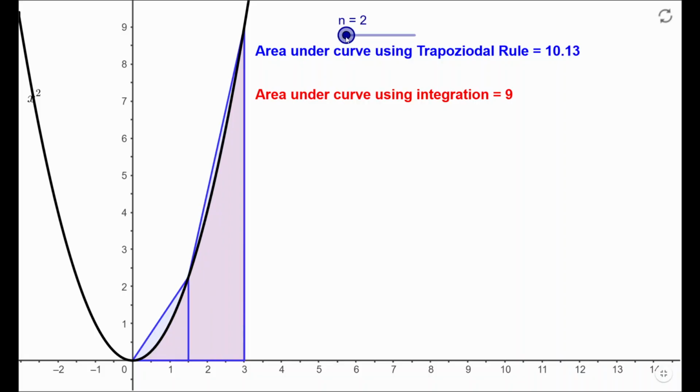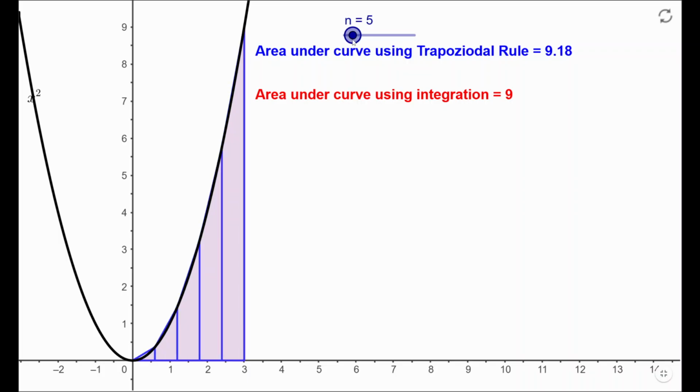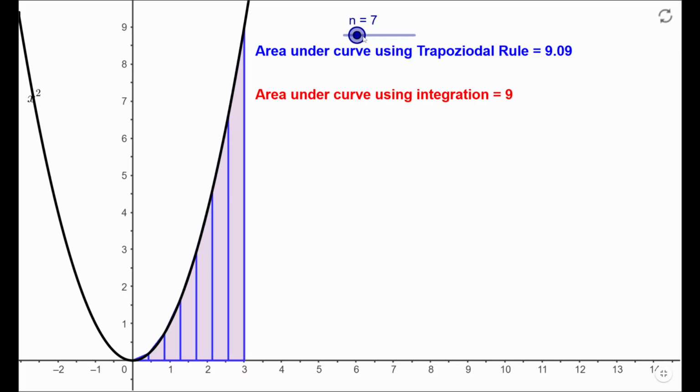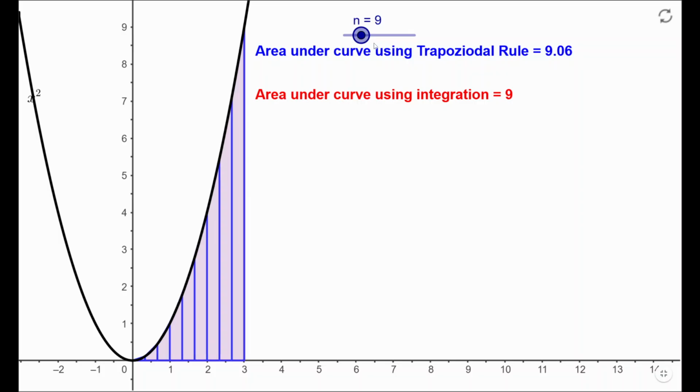Even the trapezium lines start becoming almost invisible. So as we increase the number of strips, the area calculation becomes more and more accurate.